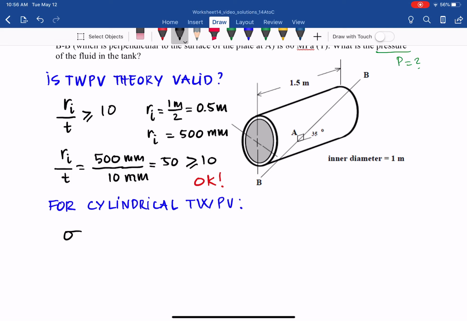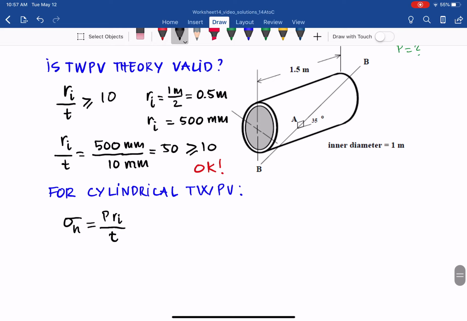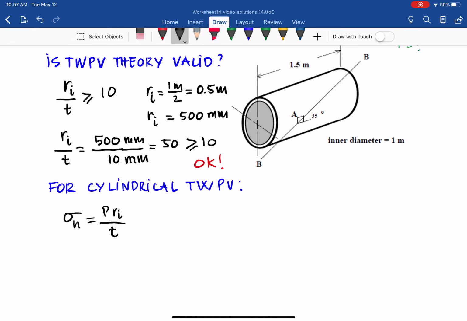As you recall, the hoop stress equals P Ri over T, and we plug in here, and you can see the Ri in this case is 500 millimeter. So Ri over T is 50, so you have that equal to 50 P.